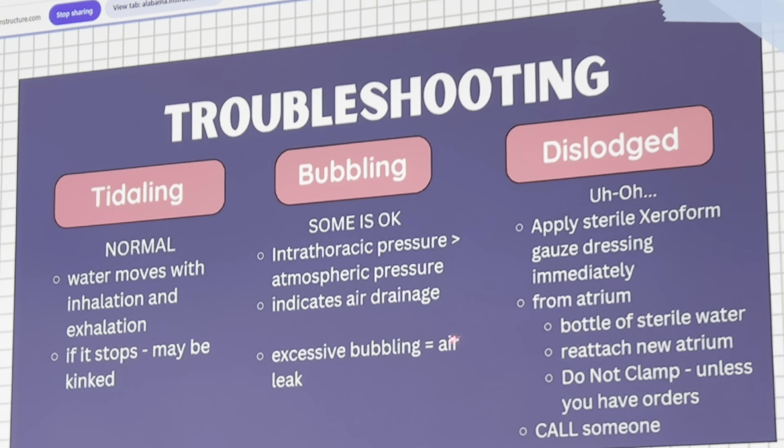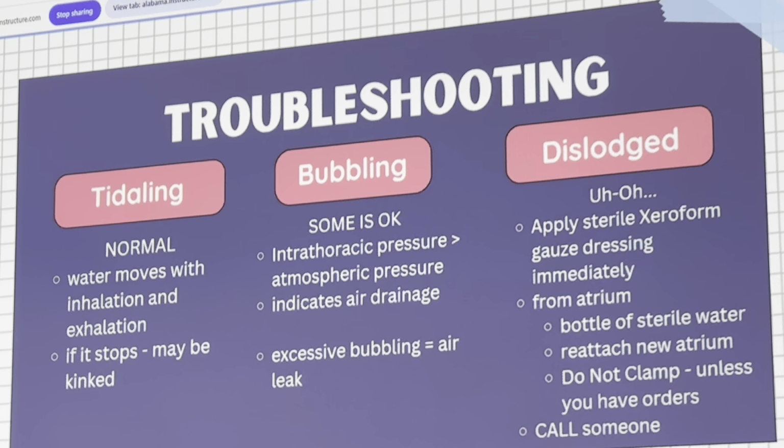Now if it disconnects from the atrium, so the chest tube is still in my patient but the atrium itself has been disconnected, that's when I'm going to get a bottle of sterile water to create a water seal. Wait for the new atrium to get set up, and then I can plug it back into my chest tube, creating that seal.